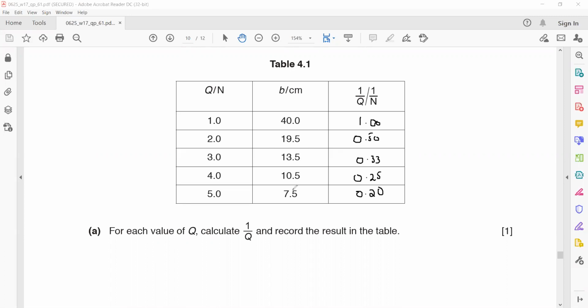As you can see here, they use the same decimal places for all. They could write 1, but they did not write 1, they wrote 1.0. It makes the result more accurate with greater significant figures. So even though this answer was 0.5, I wrote 0.50, and the last answer was 0.2, but I wrote 0.20.